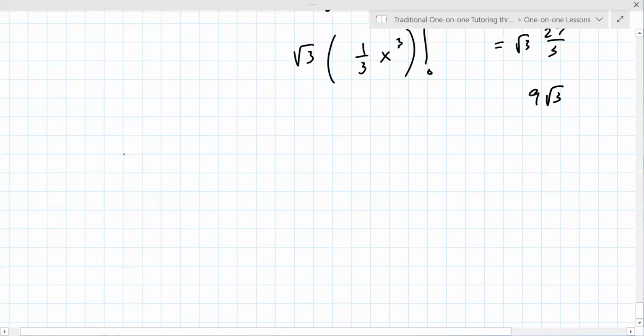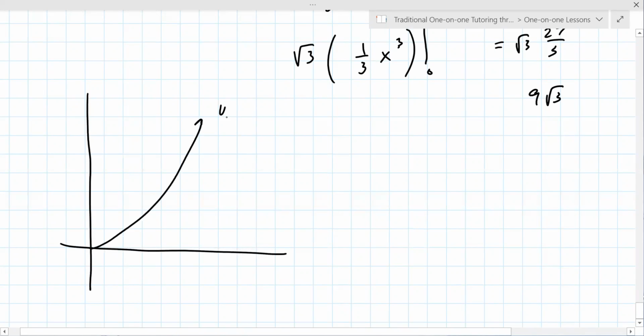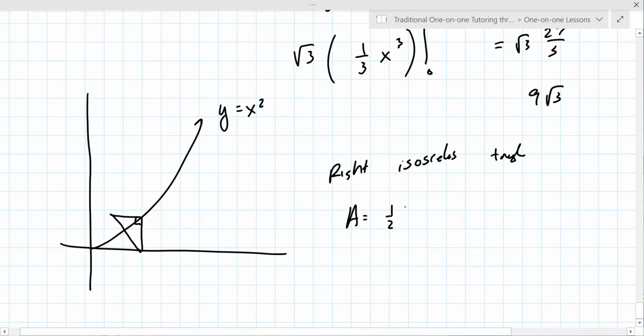Okay, so let me really quickly try one more here. Let's say I give you this curve y equals x squared, and I tell you this time that they're right triangles, right isosceles triangles. And you have to be told this, that's the only way you can do it. So the area of a triangle is 1/2 base times height.